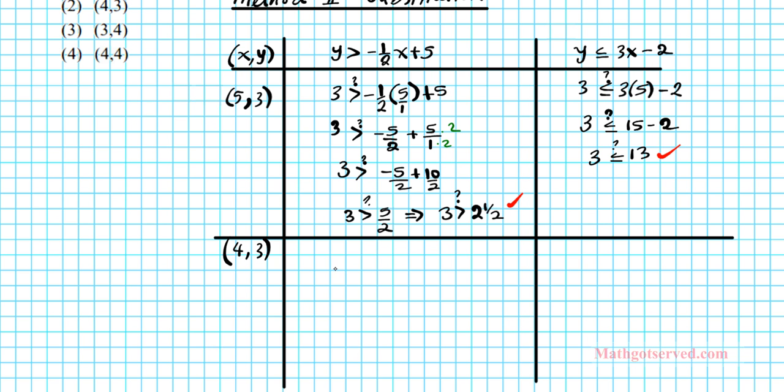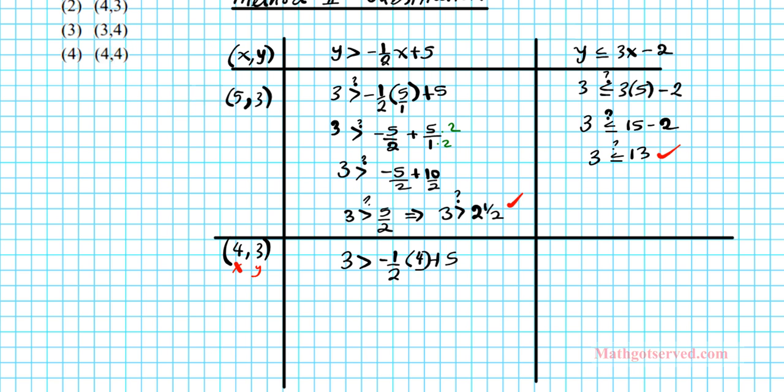Let's label it so I don't get confused. This is x and this is y. So the question is, is y, 3, greater than negative 1/2 times x, 4, plus 5?